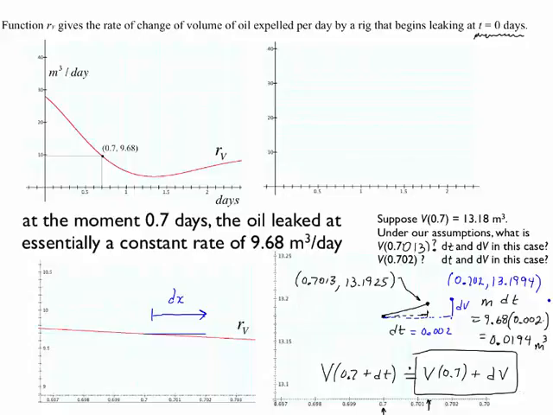And here's two examples of values of volume in this vicinity of 0.7 days gone by. So again, the idea that you know how fast something is changing and you want to know how much of it you have. We just did one little moment of that. We know that it will increase linearly according to an essentially constant rate of 9.68 meters cubed per day. Okay, questions?